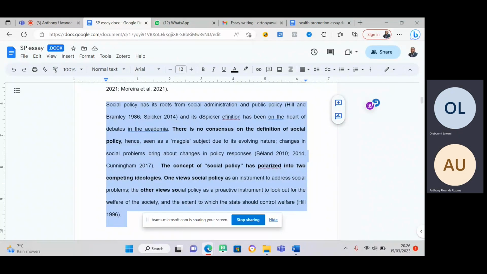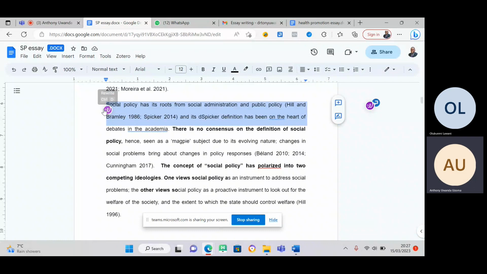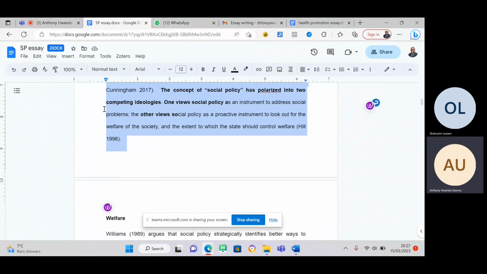What they are marking is the ability of your essay to have a flow. So each paragraph should be centered around a particular topic.